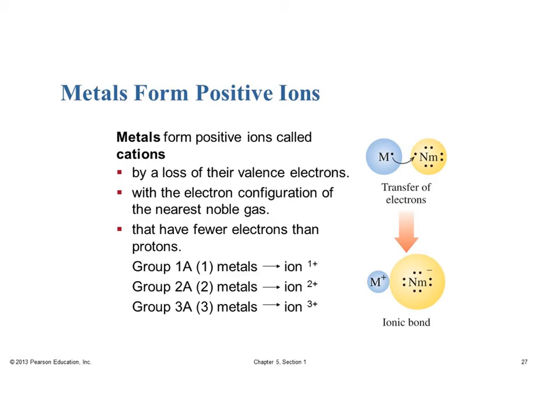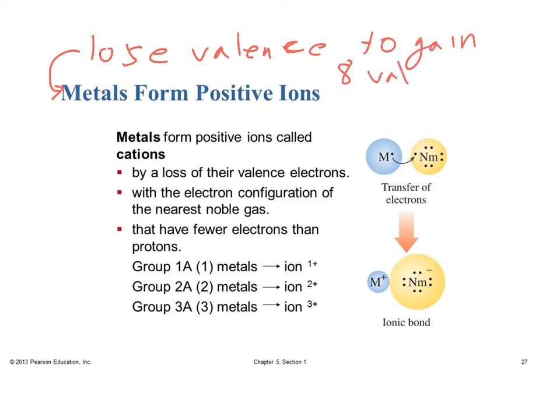All right, let's start with perhaps the hardest to wrap our head around first, and that's elements that obey the octet rule by losing valence electrons. They lose valence electrons in order to gain 8 valence electrons.